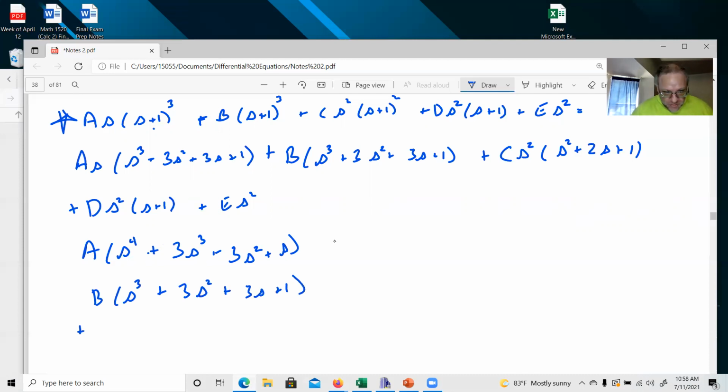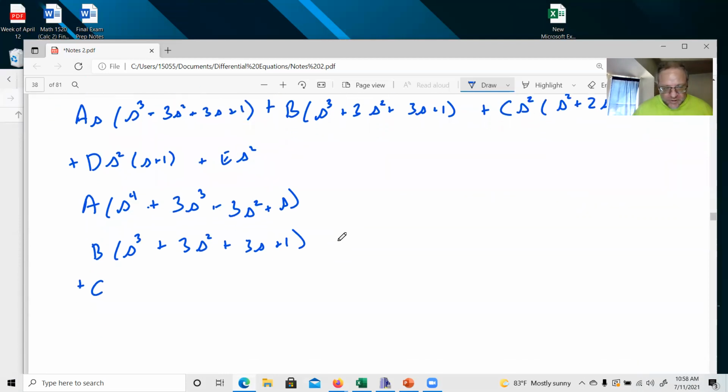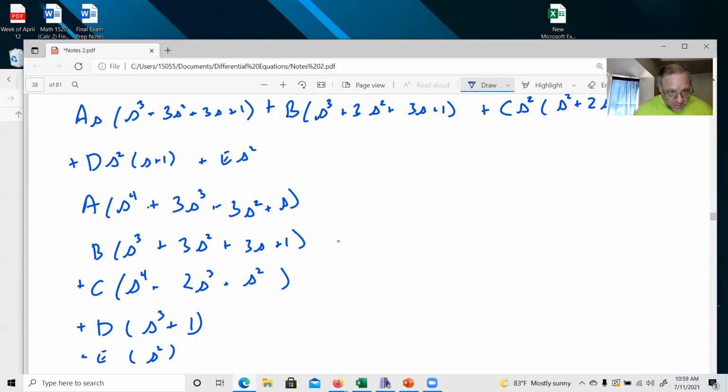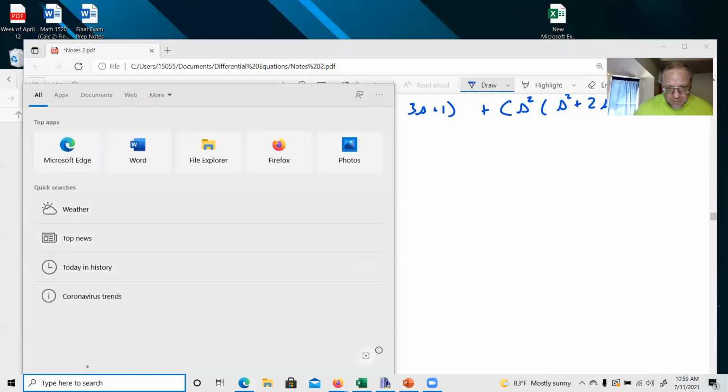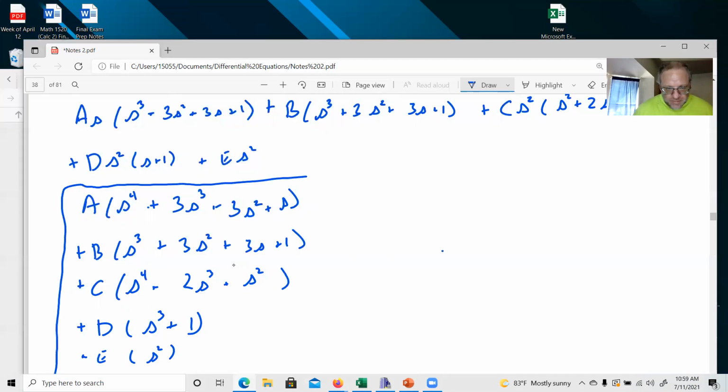Plus C, and that's going to be s to the 4th plus 2s cubed plus s squared, plus D s cubed plus D s squared, plus E s squared. So we're going to come back to this because that's going to help us get our equation set up.